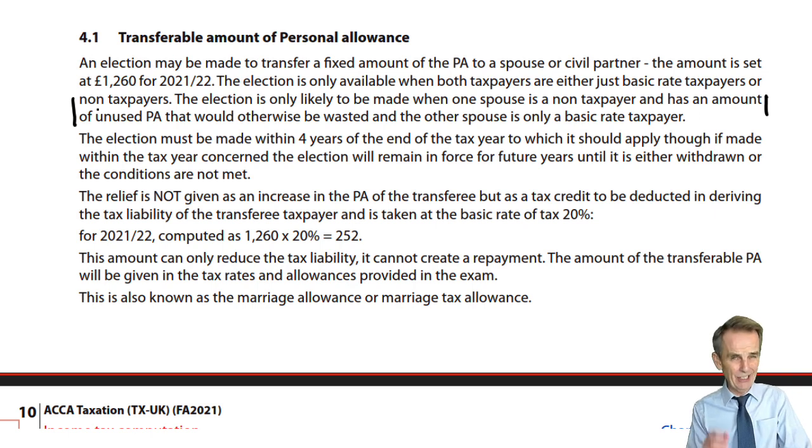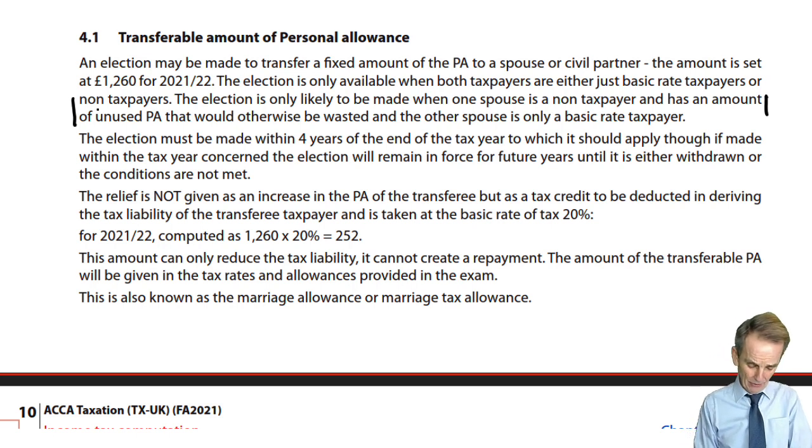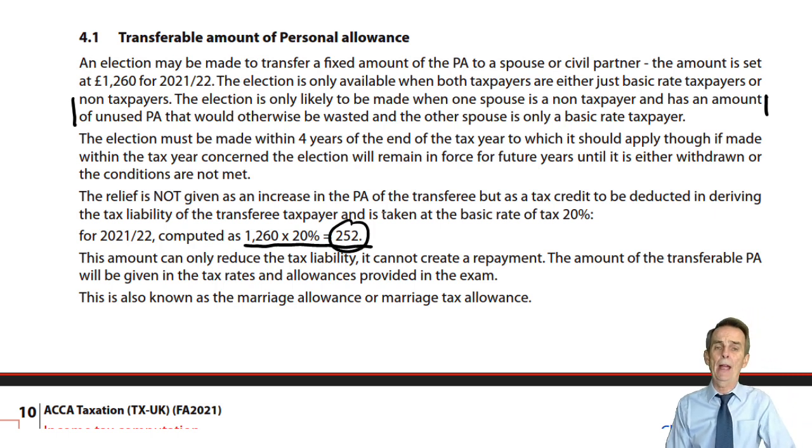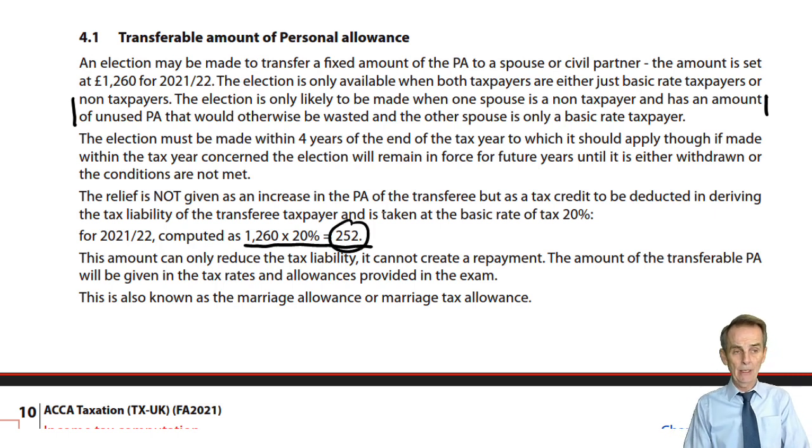This fixed amount, not just any amount, not the unused amount, but this fixed amount of personal allowance could be transferred over to the other spouse, the basic rate taxpayer. That would allow them not to have an increased personal allowance, but to get this tax credit as a reduction in their tax liability, this £252 reduction. So between the two of them, the spouses or civil partners would be £252 better off.